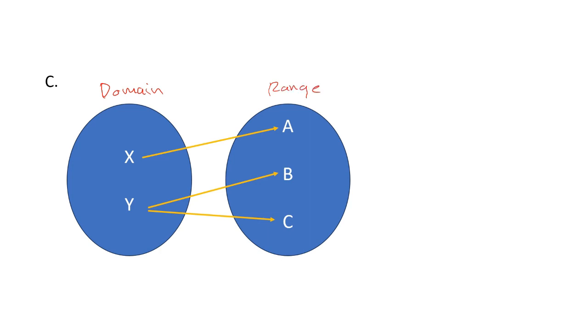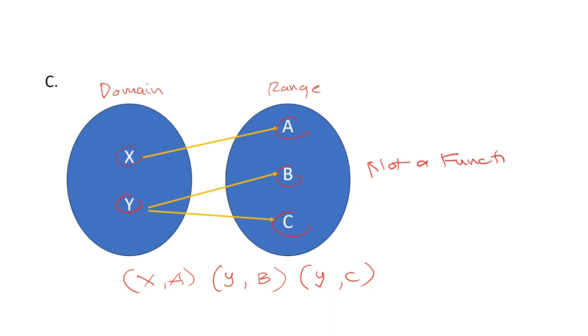X is to A. Then we have Y to B. Then another one, Y to C. Look at that. Y is repeated, right? Therefore, this is not a function. So there you go. This is what we call one to many.